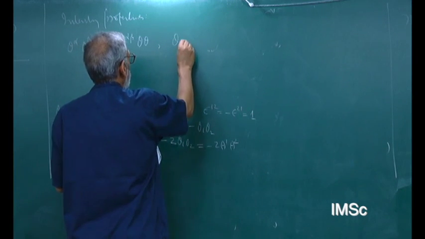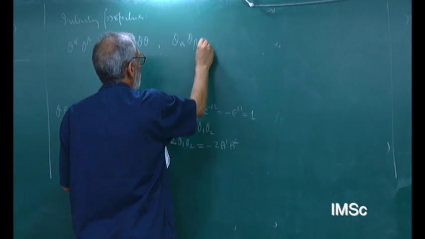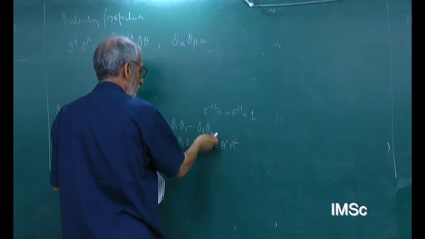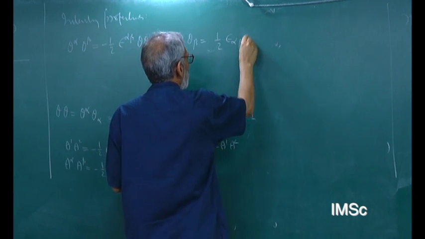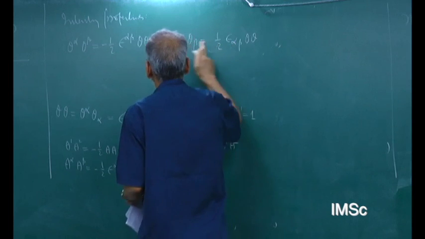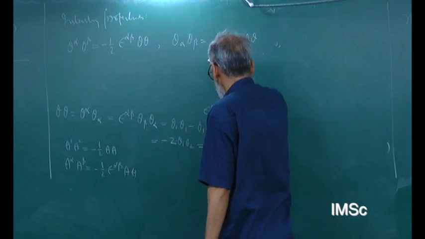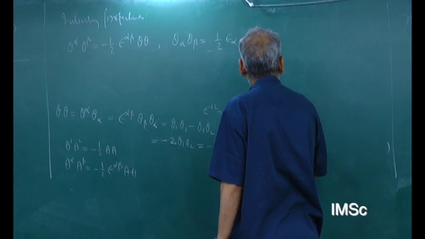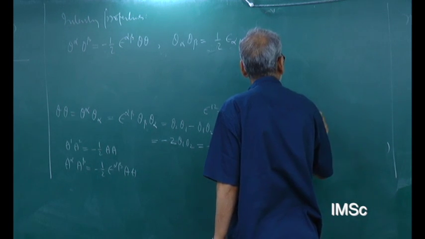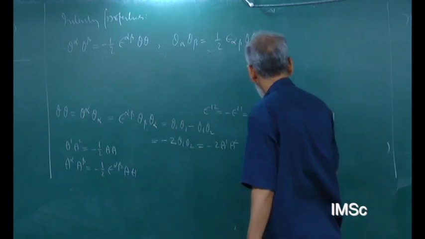Again, now I could do theta 1 theta, that is this one is half epsilon alpha beta theta theta. Note there is a minus sign here, there is a plus sign here. That is because epsilon 1 2 is minus epsilon 2 1, which is minus 1.